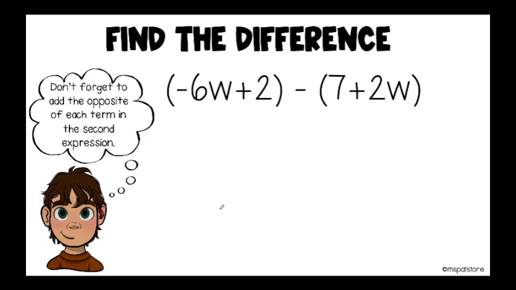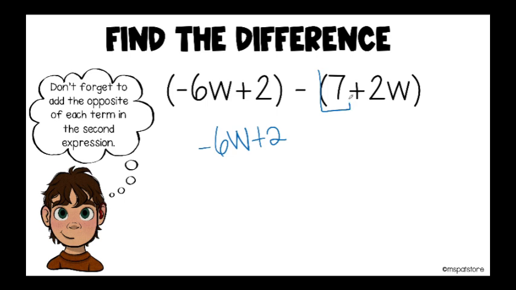Now, pause the video and subtract these linear expressions by yourself. All right, the first expression will stay the same, negative 6w, positive 2. Then I need to add the opposite of each term in the second expression.